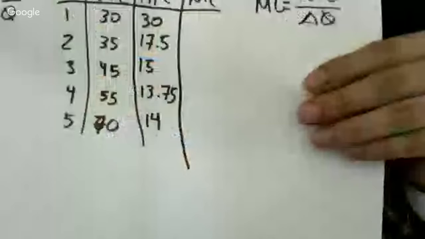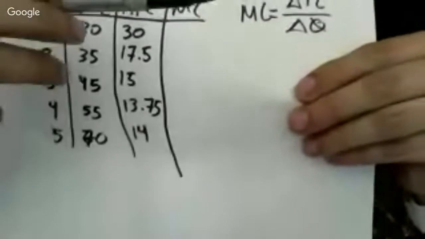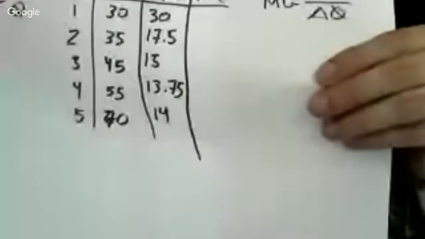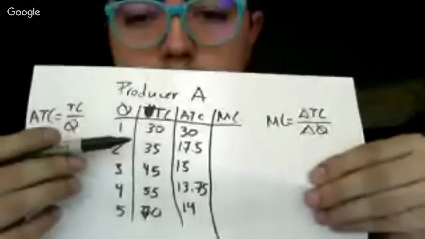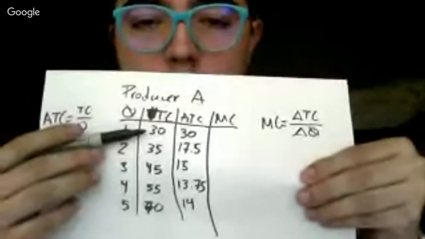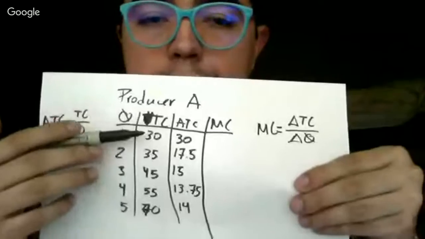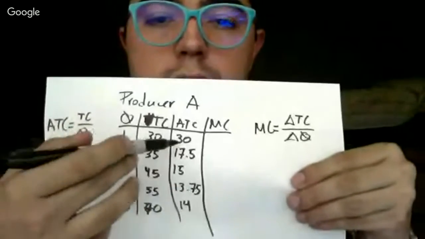So we're going to calculate the change in total cost. So let's start here. Here, we don't have any information for the 0 unit, so we can't calculate this marginal cost.